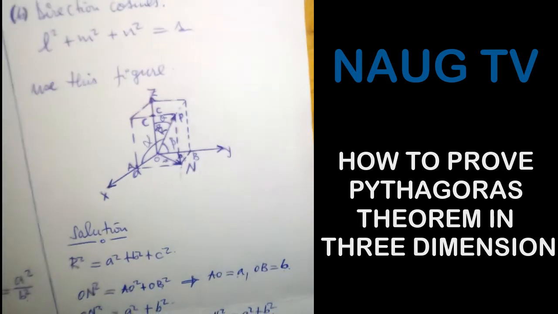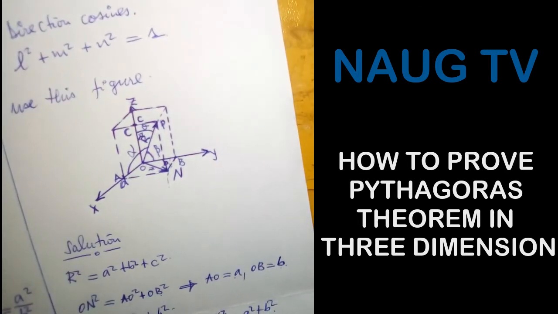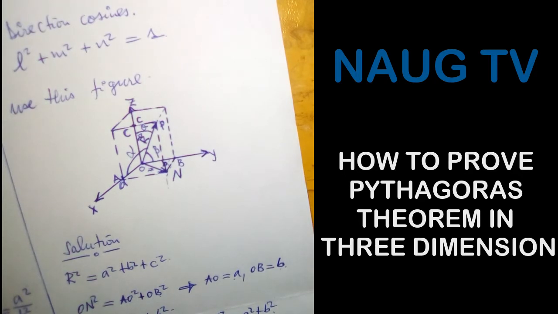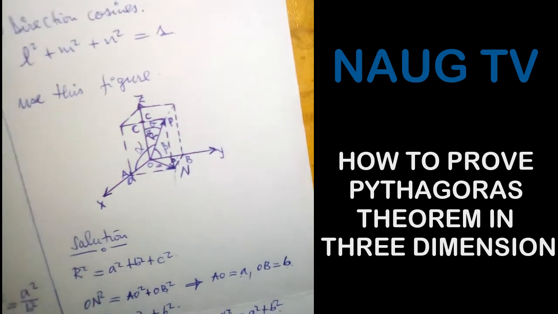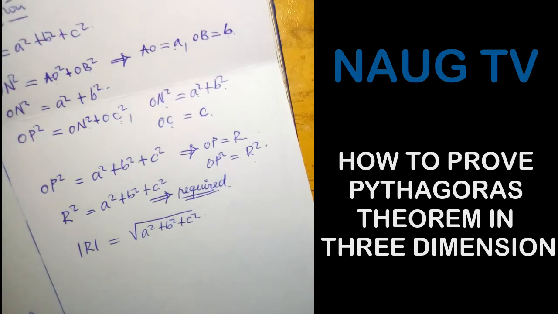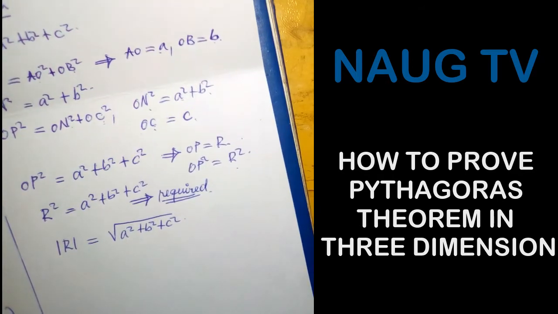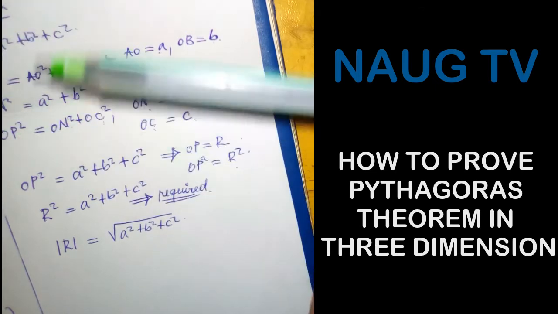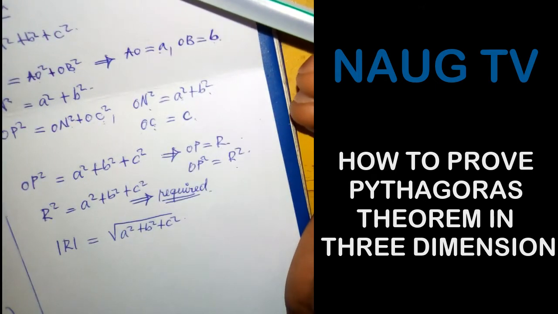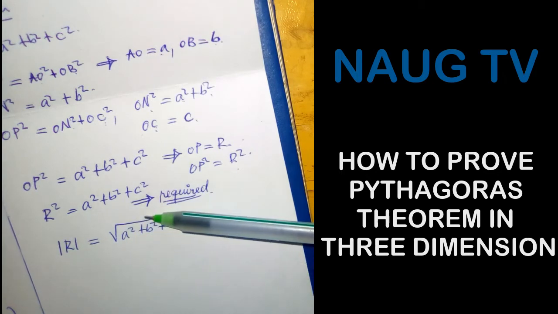So let's move on. Direction cosines. To prove the direction cosines, we also have to consider the components of vector OP, as I have told you right here.